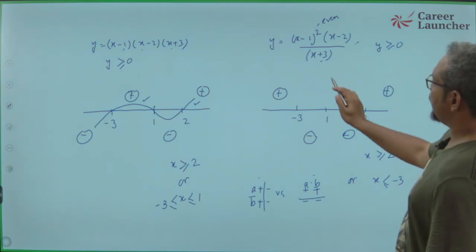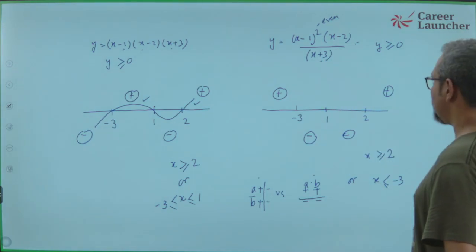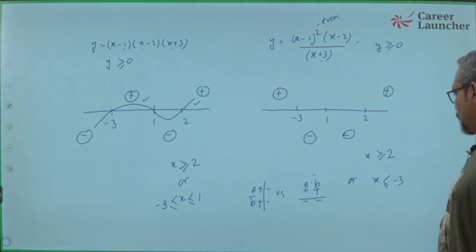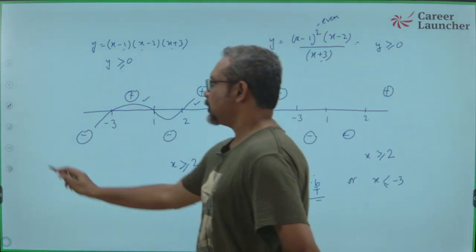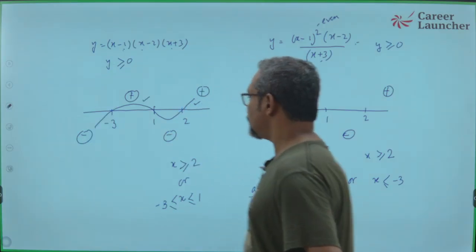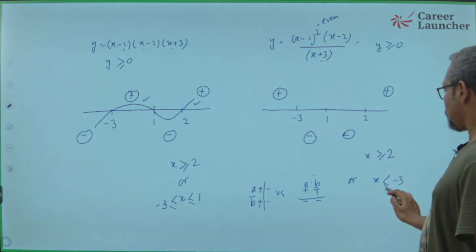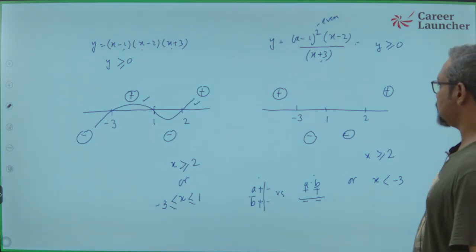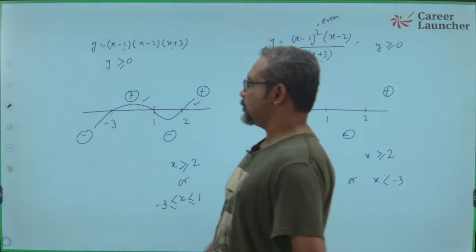Now since x plus 3 is in the denominator, we need to be careful that the denominator can't be 0. So we will drop that minus 3 and finally the answer will simply be x less than minus 3. So this is the solution and this is the process we need to follow.